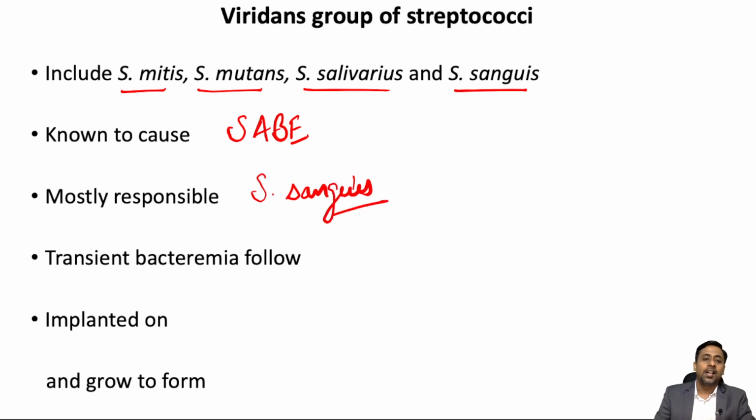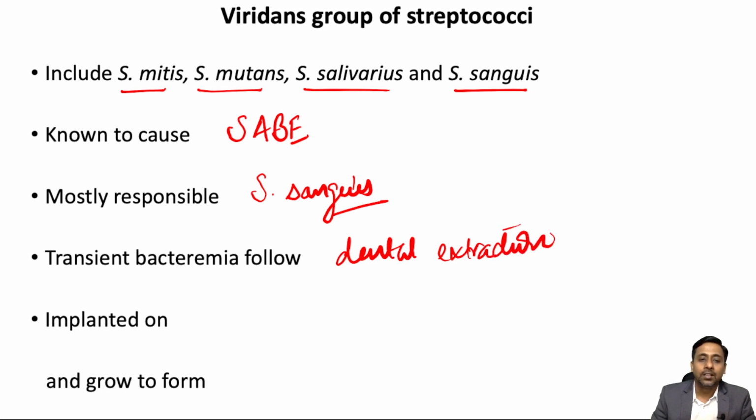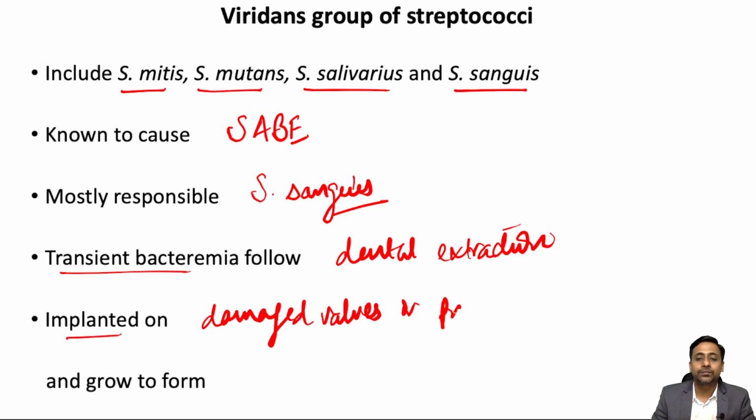Usually following dental extraction, transient bacteremia will occur, and these organisms will get implanted on damaged valves or prosthetic valves and grow to form vegetations.